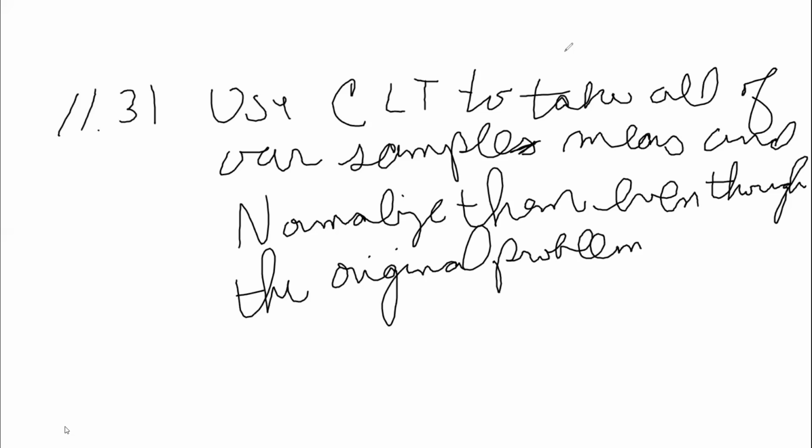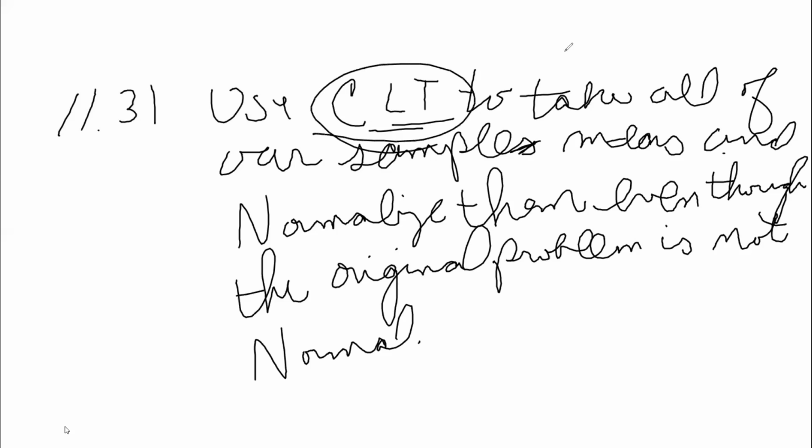We're going to take a bunch of data and make it into a curve. I'm not drawing the curve because, as you can see, I don't draw too well. So again, the central limit theorem is to take all of our sample means and normalize them even though the original problem is not normal. Cool? Great.